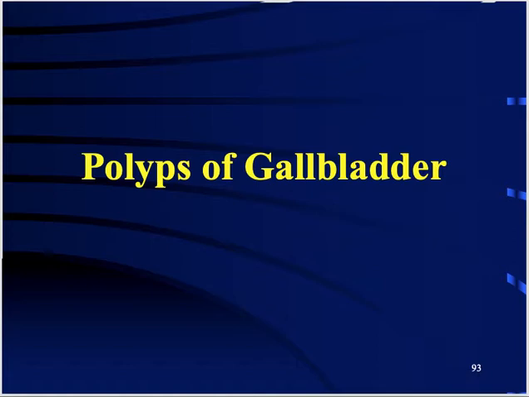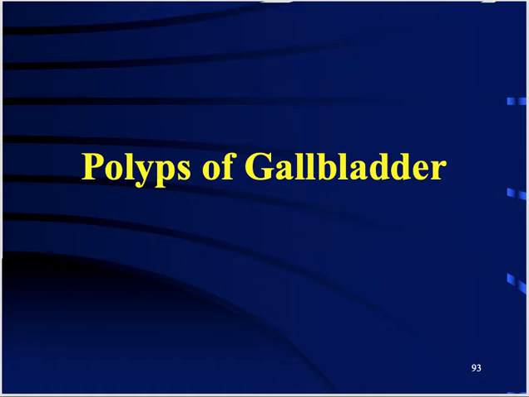Okay, so talking about this one, what kind of masses can be there and what kind of carcinomas can be there? Of course, masses can be benign or masses can be malignant. We will talk a little about the gallbladder carcinoma. We will talk a little about cholangiocarcinoma, right? And we will talk a little about other masses like polyps of the gallbladder, right?